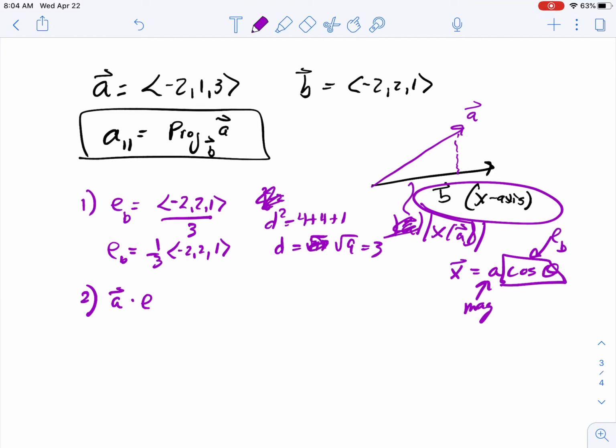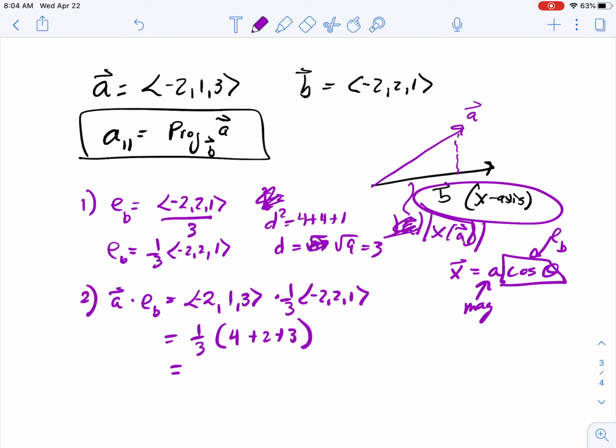So step 2, I'm going to take A times by EB. So I'm going to have negative 2, 1, 3, times it by 1/3, negative 2, 2, 1. So I have 1/3, and I have 4 plus 2 plus 3.